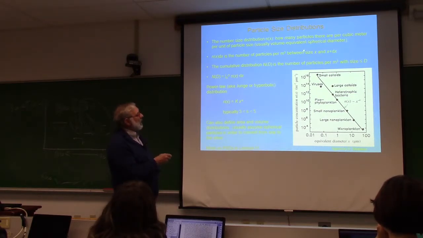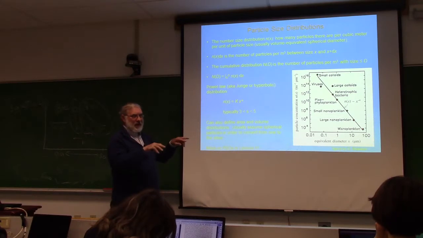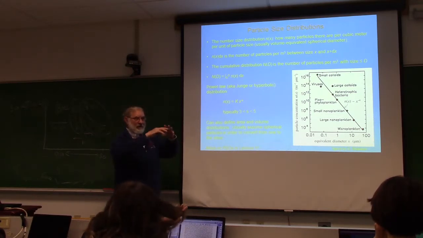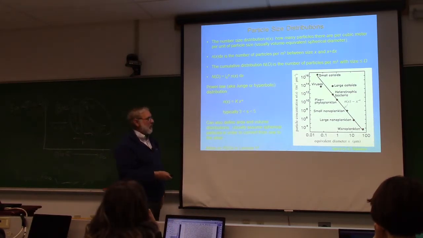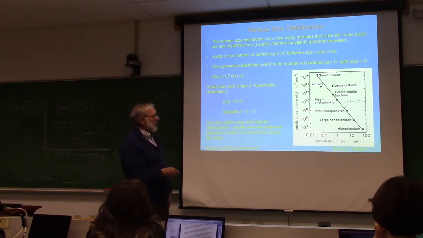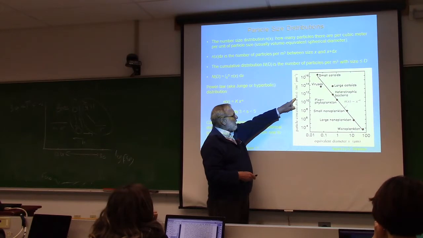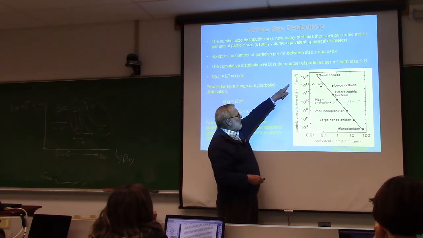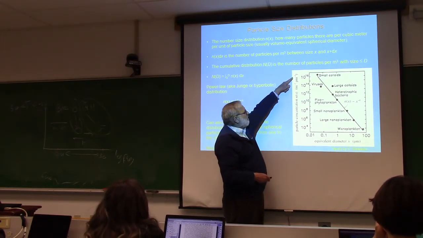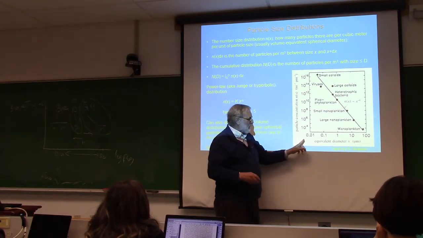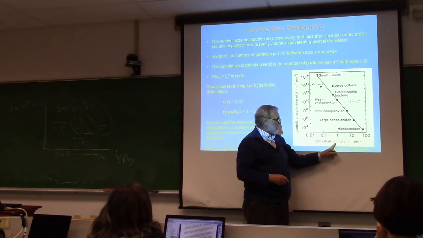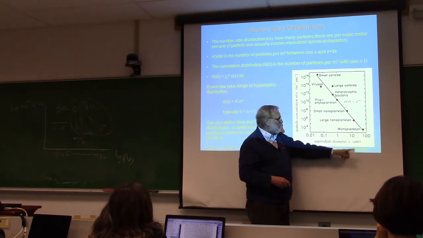People usually talk about a volume equivalent particle if they have some irregularly shaped particle, but that's got its own problems. So anyway, here's the particle concentration, n of x. It's particles per cubic meter per micrometer of particle size. And here's the equivalent spherical diameter in micrometers.